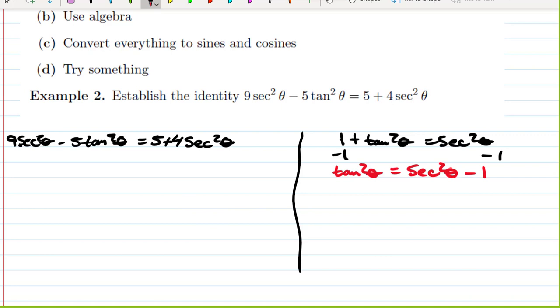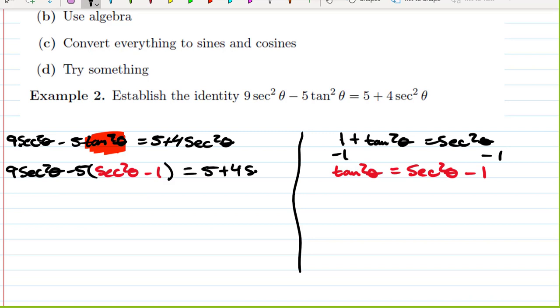So I'm going to use this identity on my tangent squared of theta. So then that gives me 9 secant squared theta minus 5 times secant squared theta minus 1 is equal to 5 plus 4 secant squared theta.